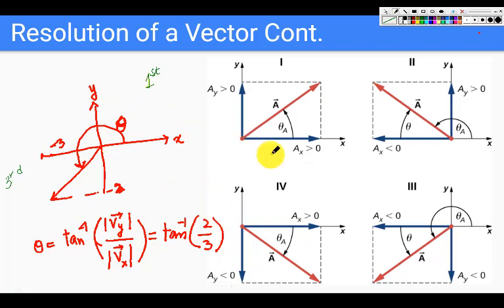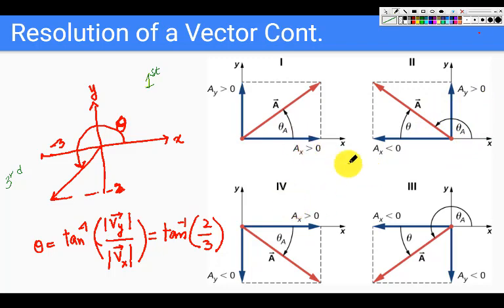So this is what I am trying to explain here, that if y component and x component are positive, when we find the theta, this is going to be just this simple angle. If x is negative and y is still positive, we will find this angle.